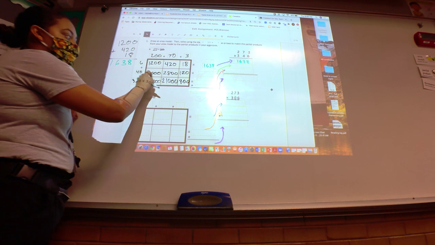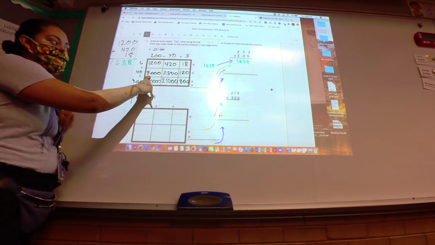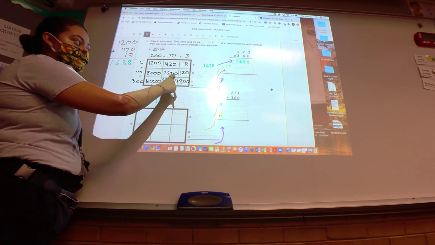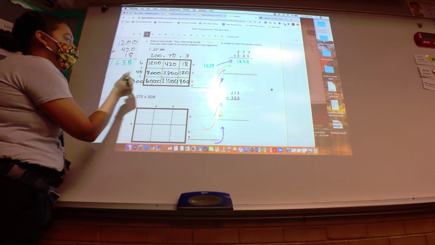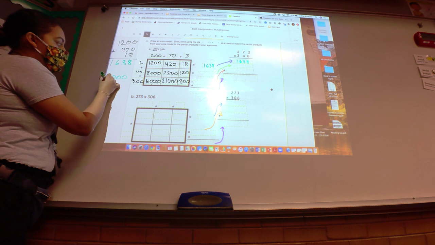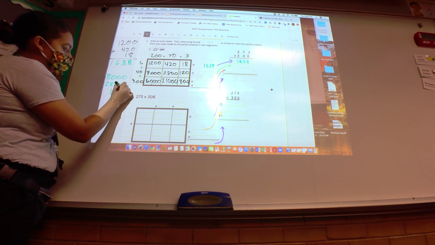Now the next row, add them together: 8,000 plus 2,800 plus 120. Okay, so 8,000, 2,800, and 120.